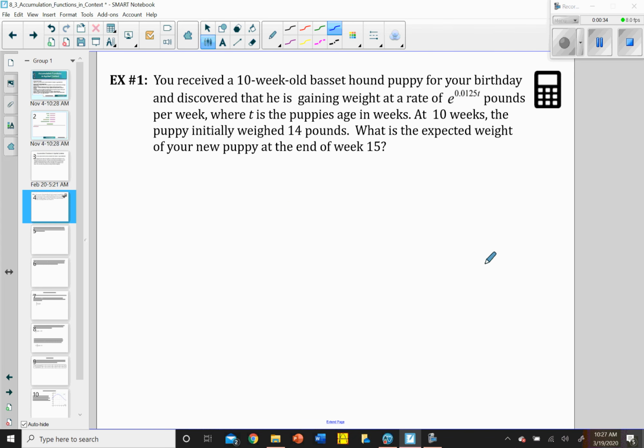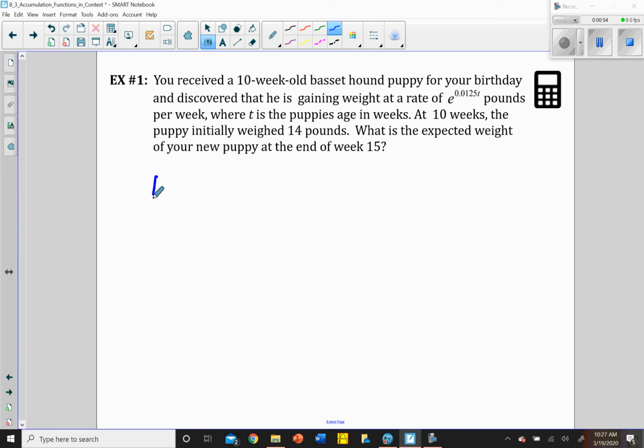Here's our first example. Let's say you got a 10-week-old Basset Hound puppy for your birthday, and you discovered he's gaining weight at this rate, e to the 0.0125 t pounds per week, and t is the puppy's age in weeks. At 10 weeks, the puppy initially weighed 14 pounds, so that's our initial condition. And we want to know what the expected weight of your new puppy is at the end of 15 weeks.